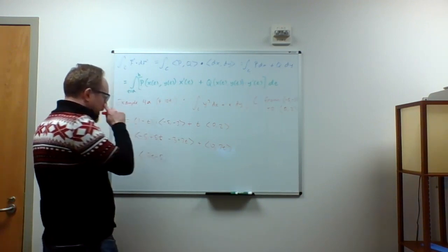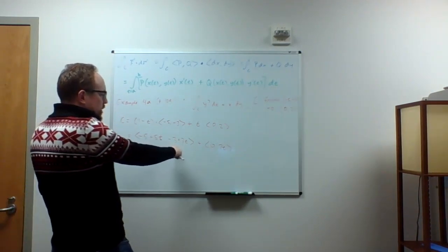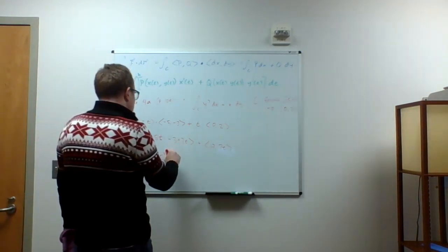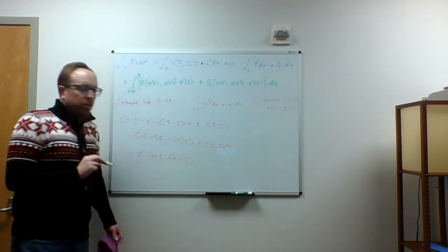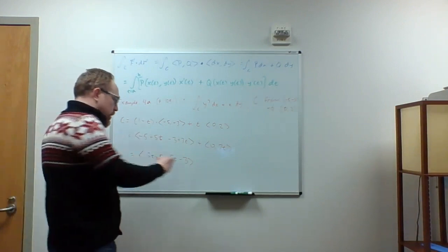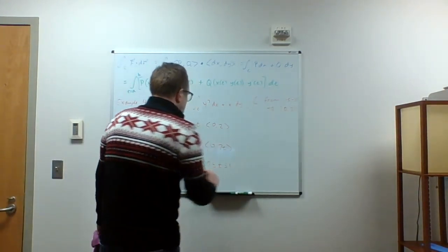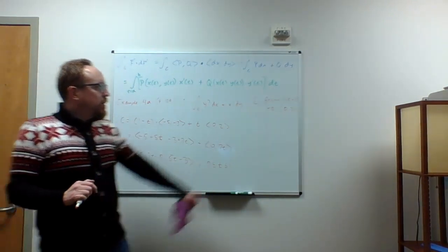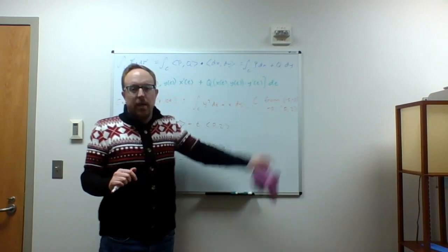I like that better than -5 plus 5t. And then -3 plus 3t plus 2t ought to be 5t minus 3. You can check that indeed, as t goes from 0 to 1, we will start at the point we're supposed to start at, and end at the point we're supposed to end at.